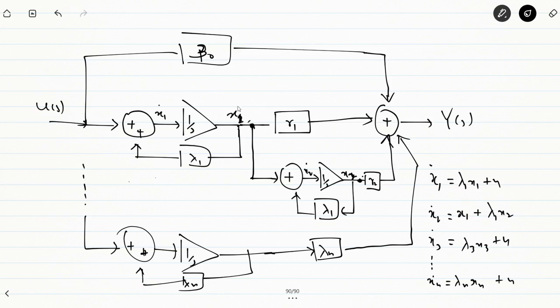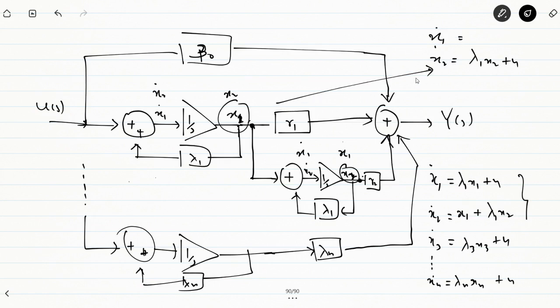In case I denote this as x1 and this as x2, my x1 dot and x2 dot will be this, and the rest x3, x4 all remain the same. In case I denote this as x1, that means this is x1 dot and this is x2 and this is x2 dot. In that case x2 dot will be equal to lambda 1 x2 plus u, while x1 dot will be equal to x2 plus lambda 1 x1.